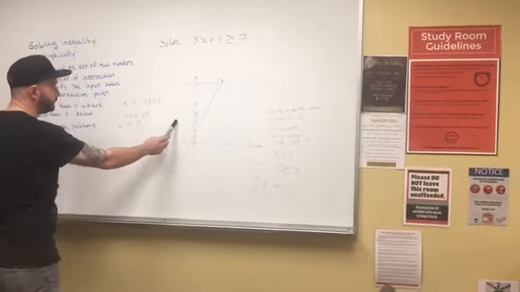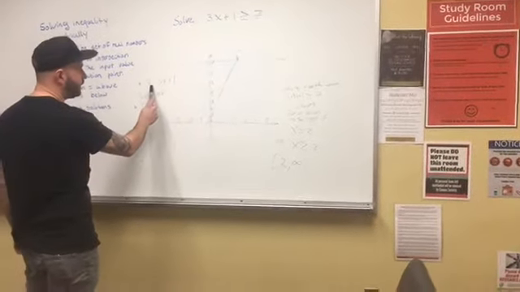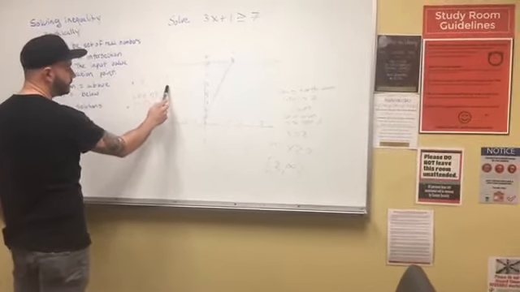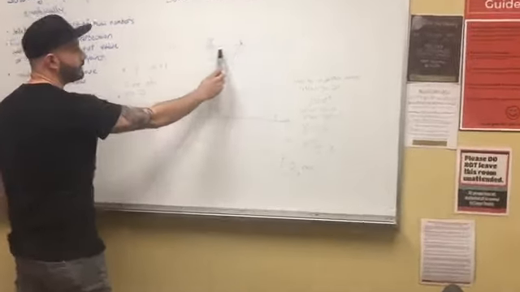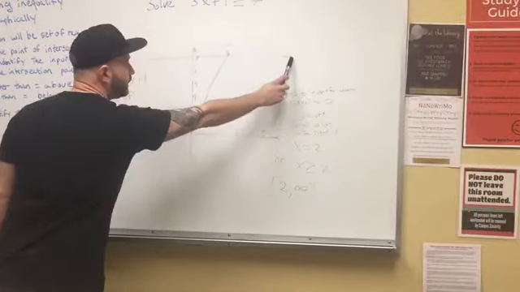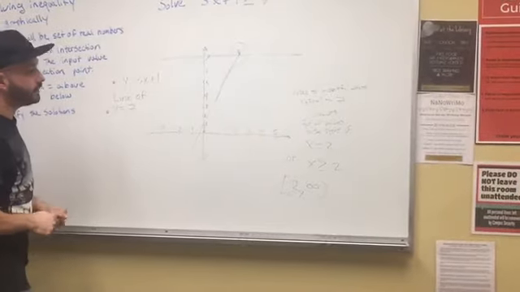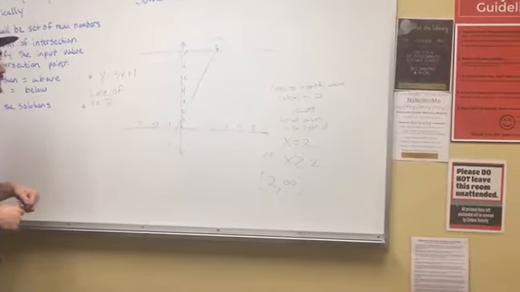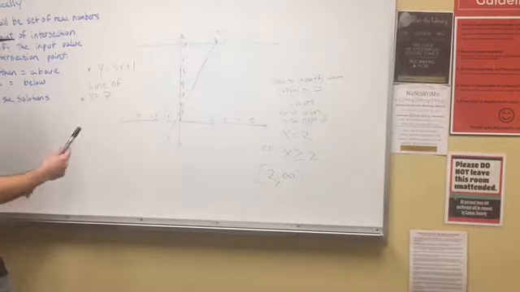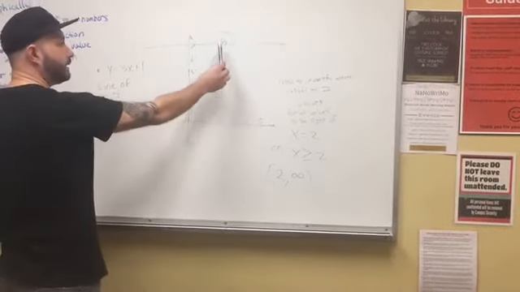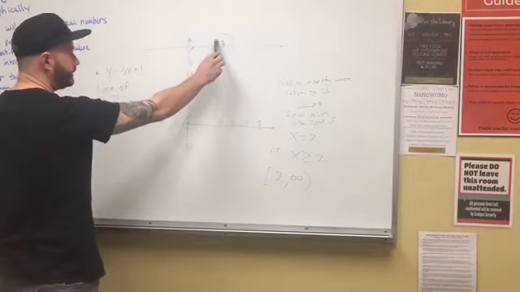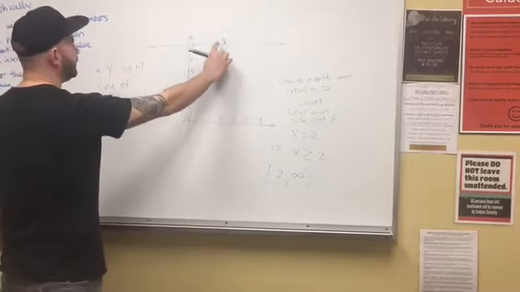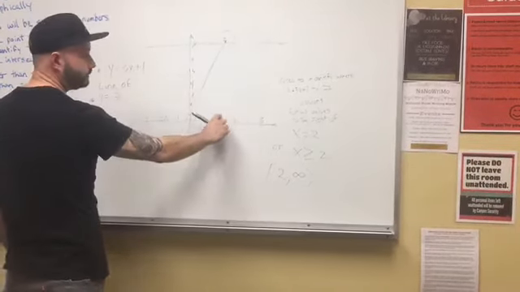Here's our graph below. It's graphing y equals 3x plus 1, and this line represents the 7. Now, we need to identify where y equals 3x plus 1 is greater than 7. This is where the intersection is, and that is at 2.